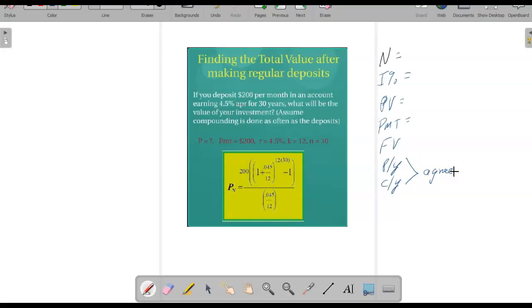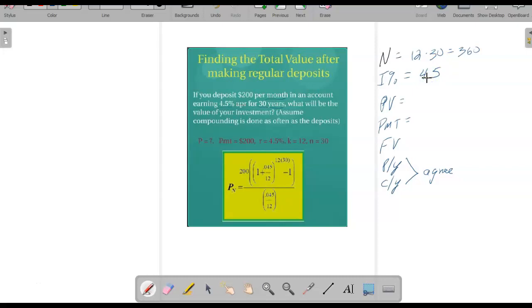So let's take a look at this. The number of deposits, you're making them every month for 30 years. So that's 12 times a year for 30 years, which is 360. Your interest rate is 4.5%, and on the TVM Solver, you just put in 4.5.